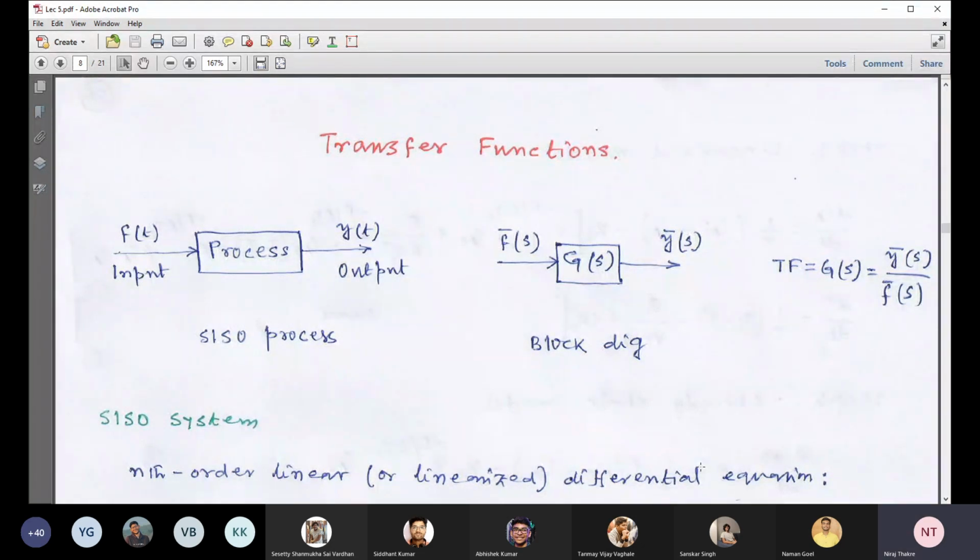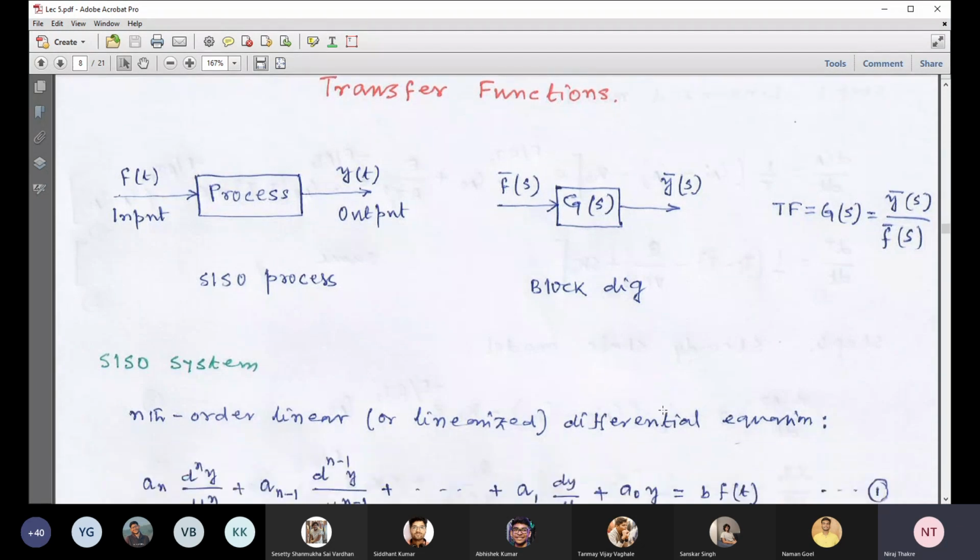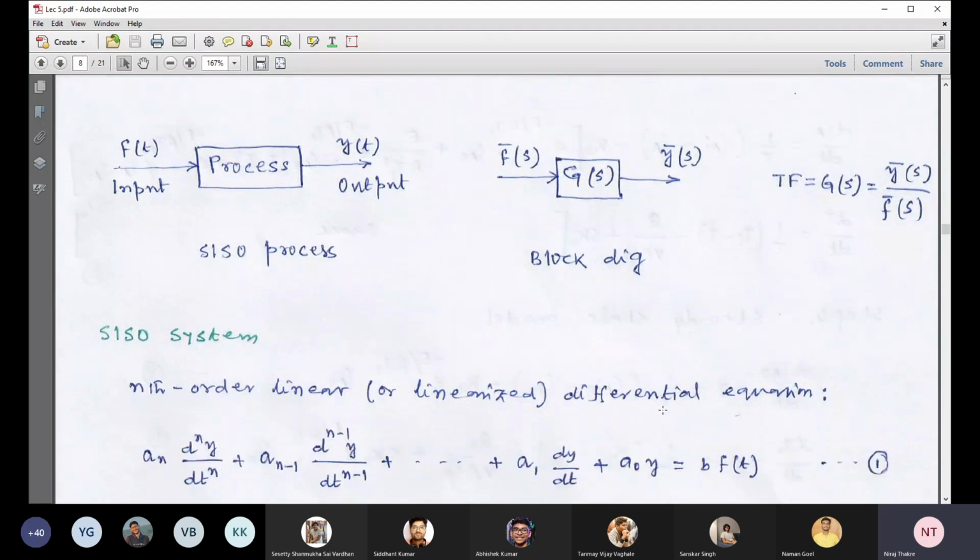So for this, we consider a single input, single output general equation, which is represented by equation 1. We are considering a general nth order linear or maybe linearized system equation.